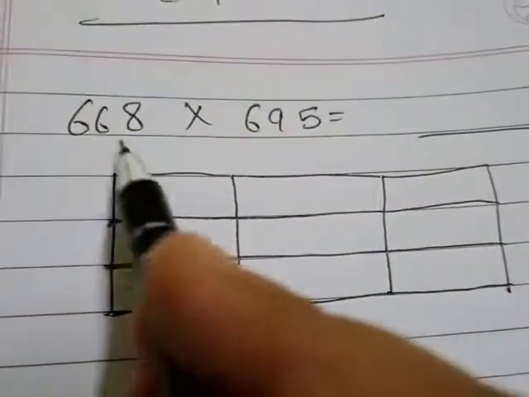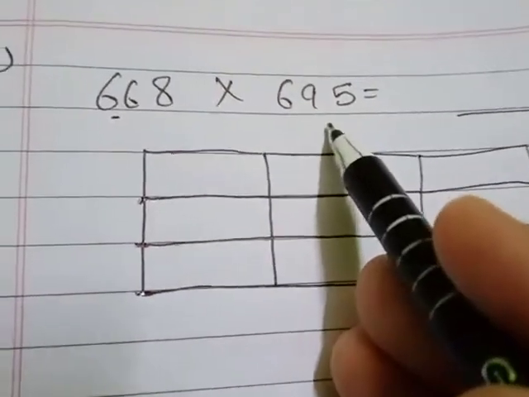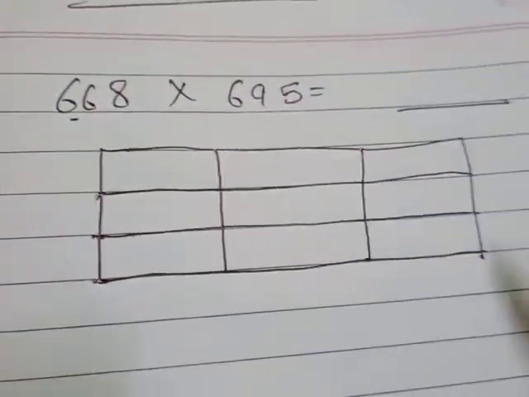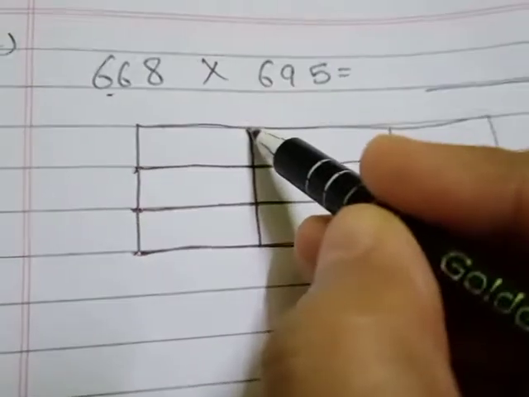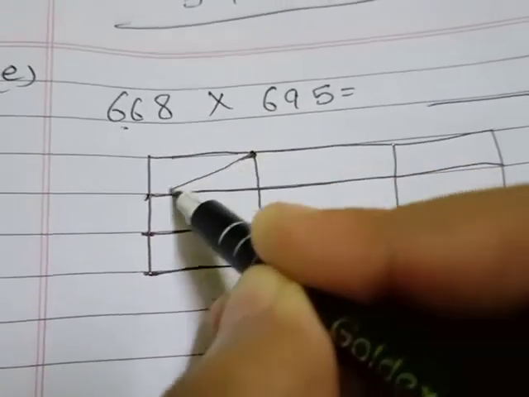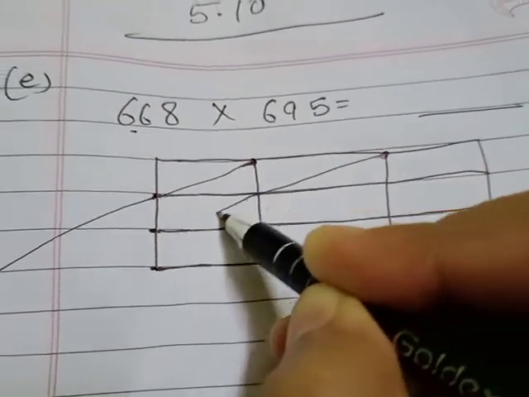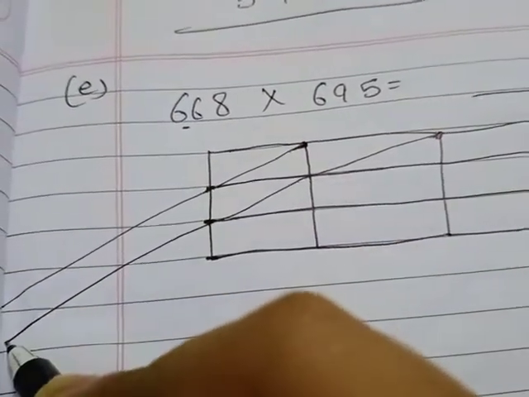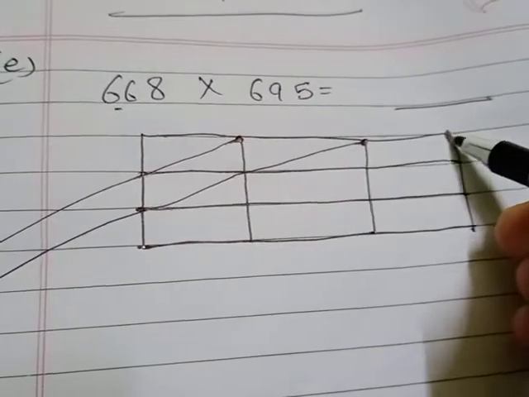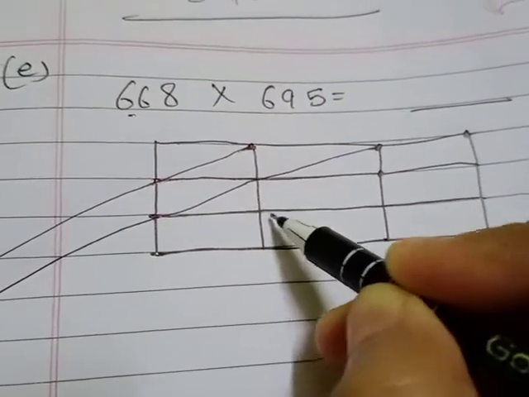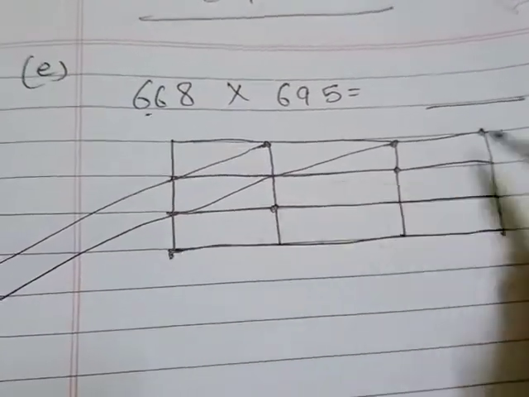Because we have 3 multiplicand digits and 3 multiplier digits. After this, again we will join the common points starting from here like this, then next one from here moving like this, okay, and then from here touching with here, then here and here, okay.